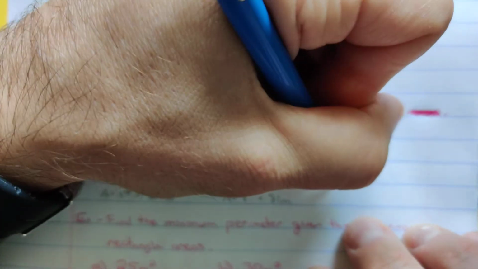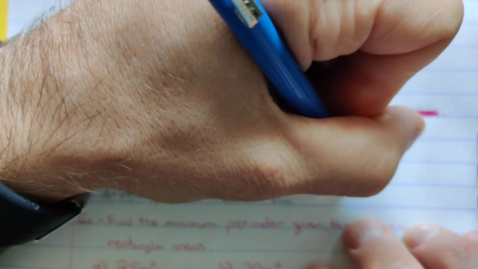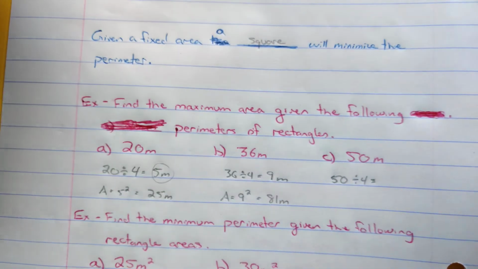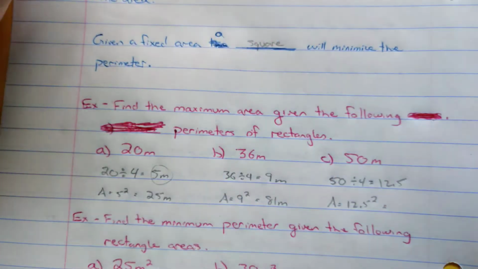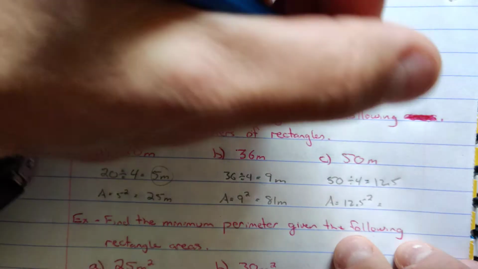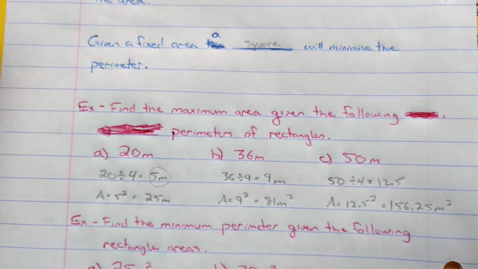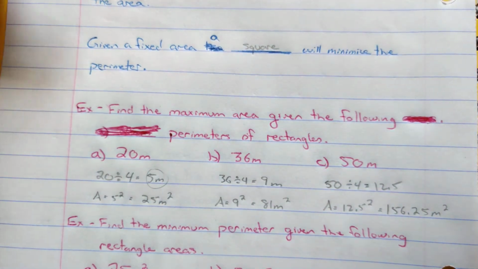In the case of 50 meters of rope, 50 divided by 4 is going to give us a decimal, 12.5. And the area is going to be 12.5 squared, which is going to give us 156.25 meters squared. And that last one should have been squared too, sorry. All of them should be meters squared for the area.